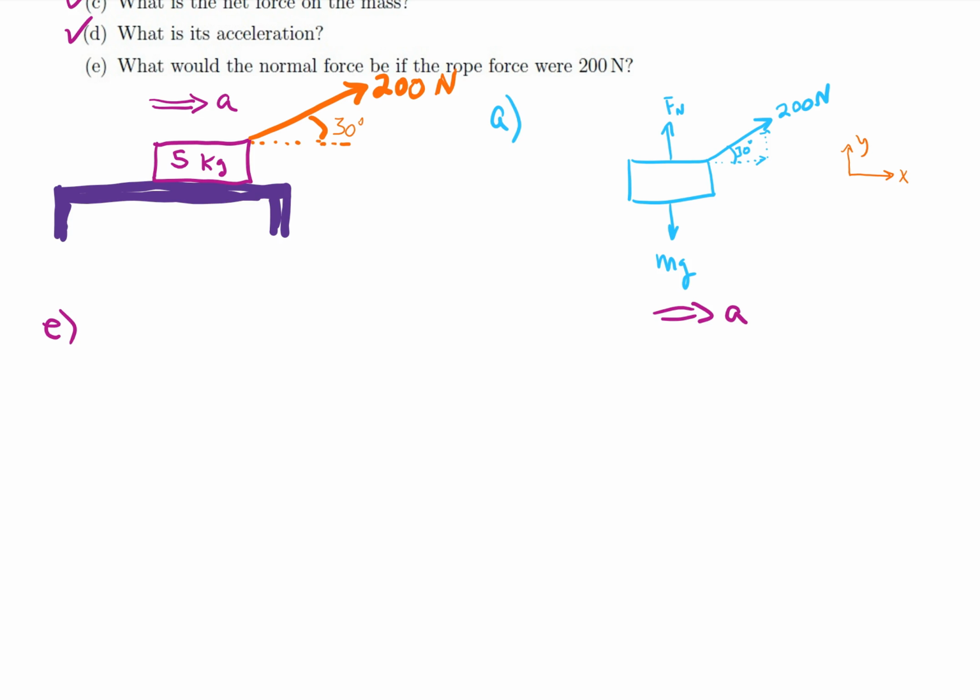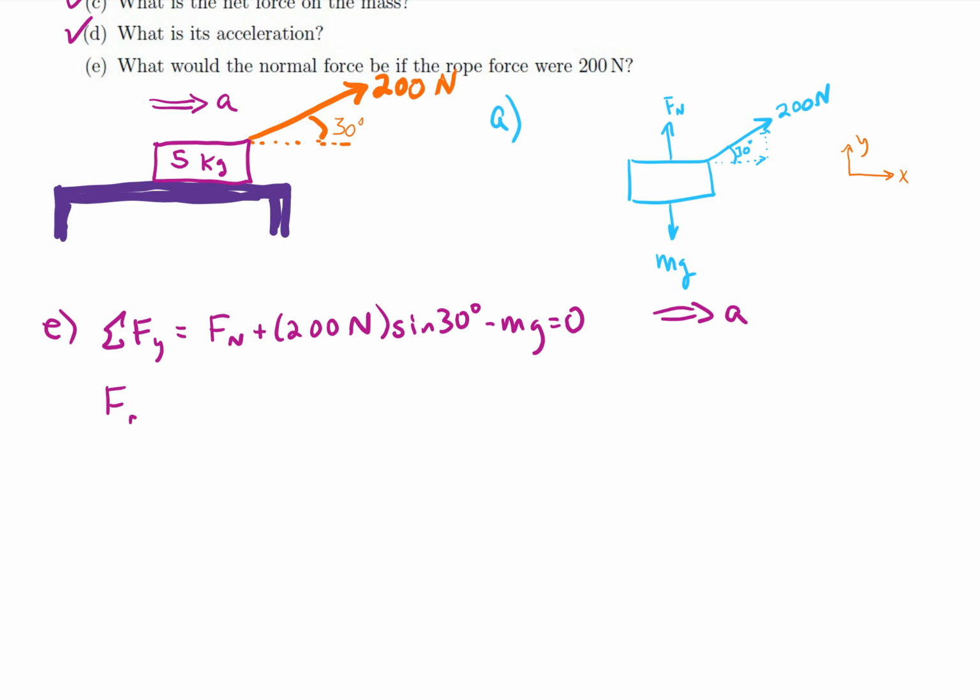To calculate the normal force, we took the net force in the y direction, which was the normal force plus the y component of the force of the rope, 200 newtons times sine of 30 degrees, minus mg, and that had to equal 0.